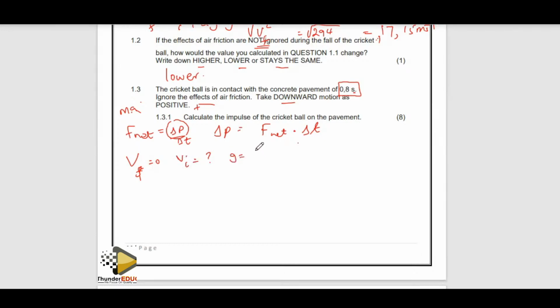My g is going to be 9.8, and I'm going to look at my displacement to be 4. Is it 4? Yes, I'll look at my displacement to be 4.